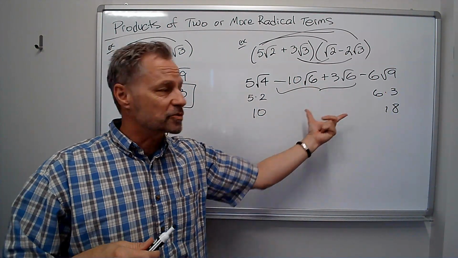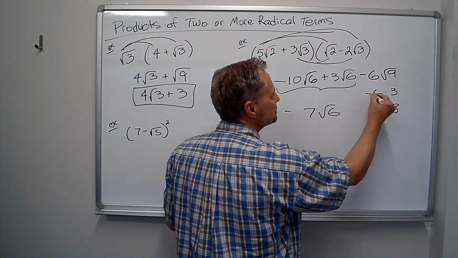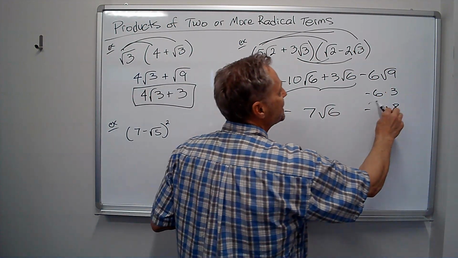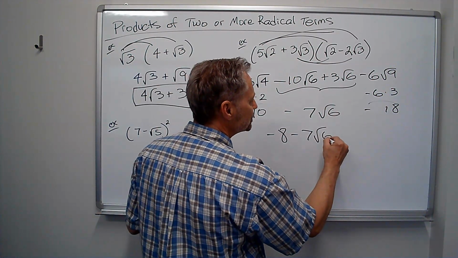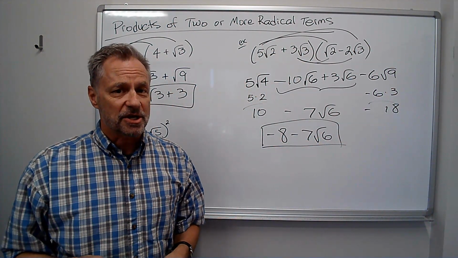They're like terms of root 6. So minus 7 root 6. This was a minus 18. Well, so now I can put the 10 minus 18 together, get negative 8, minus 7 root 6. And again, not like terms, that's as far as I can go.